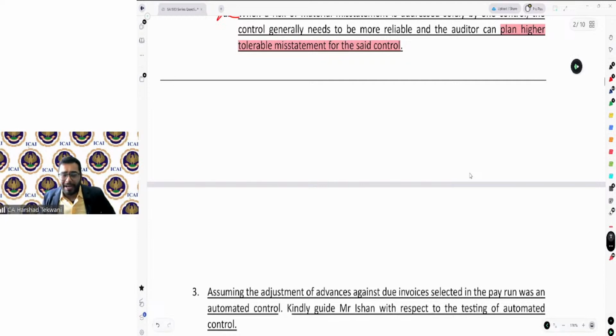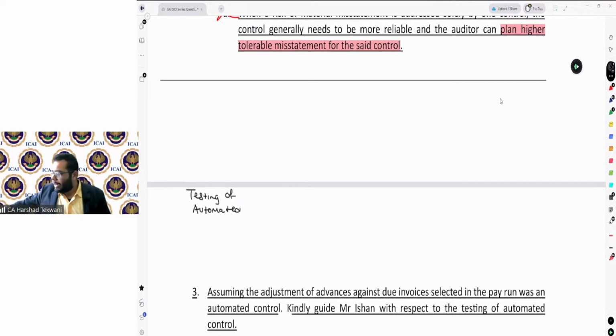How do you test an automated control? Do I need to test the automated control in the way I test manual controls? Simple. So the first question is, is testing of automated control done in the same way as testing of manual?